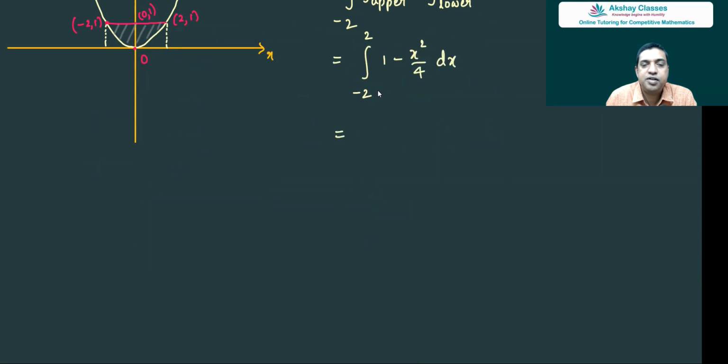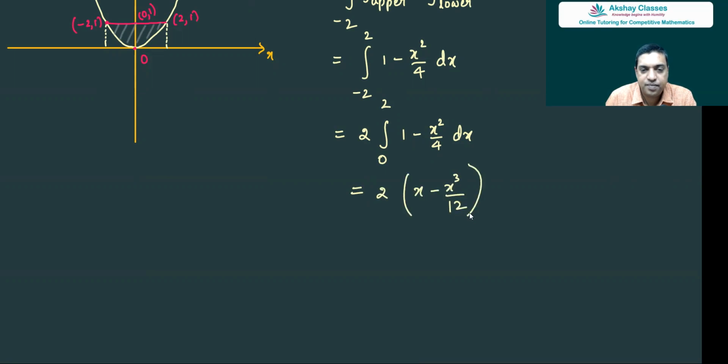Now because of symmetry, this is even. So it is twice of 0 to 2, 1 minus x square upon 4 dx. This will be twice of x minus x cube by 12, from 0 to 1, applying the limits. So when we apply the limits, now it will be 1 minus 1 upon 12 minus of 0.